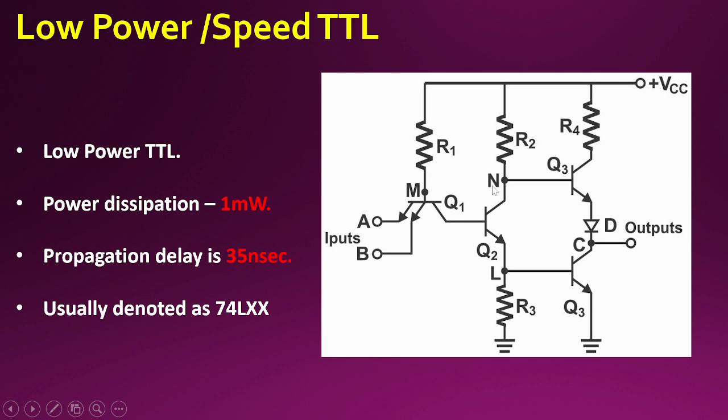Again it impacts the speed of this family of TTL gate. So the power was reduced to 1 milliwatt, but the propagation delay increased to 35 nanoseconds, and we usually denote that using 74L.